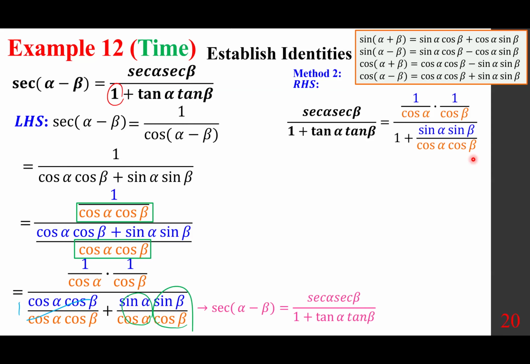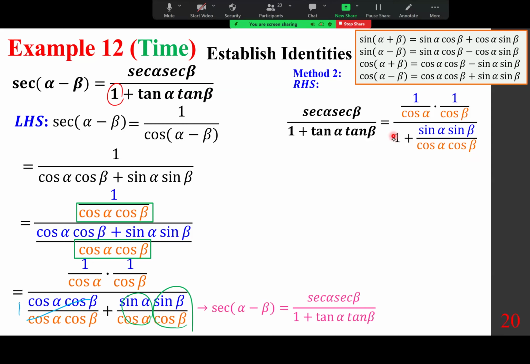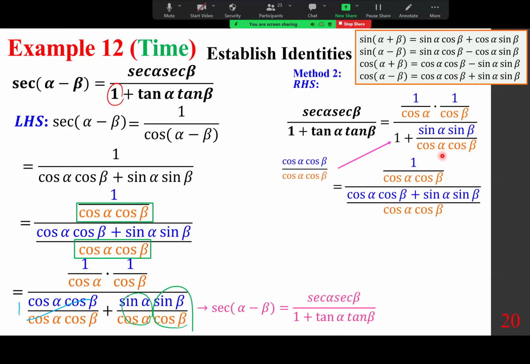Well, the concept of a common denominator for the bottom says 1 is the same as cosine alpha cosine beta over cosine alpha cosine beta. So I can replace these with this. And now if I do that, then the top and the bottom have cosine alpha cosine beta as a denominator. And remember, you have a complex fraction with identical denominators.